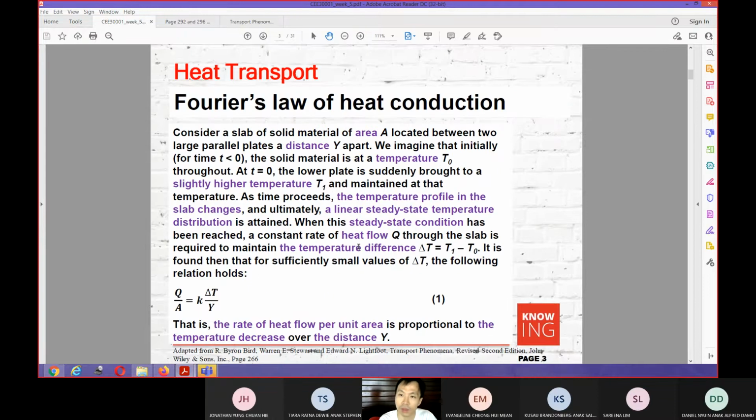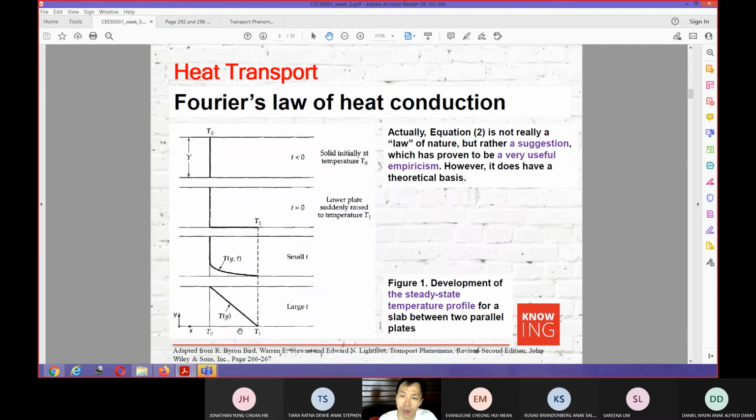Consider that you have two slabs of a parallel plate. You remember when we discussed this in week 2, we also had two parallel plates, but the bottom plate was moved at the velocity v. For heat transport, we revisit the same parallel plates again, except this time we don't move anything.